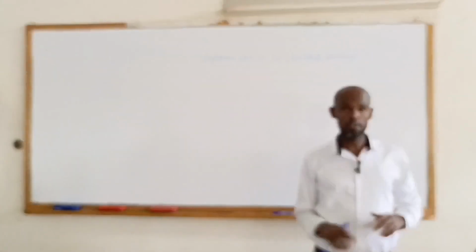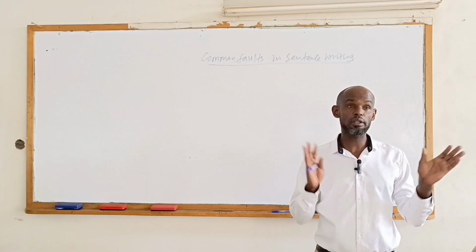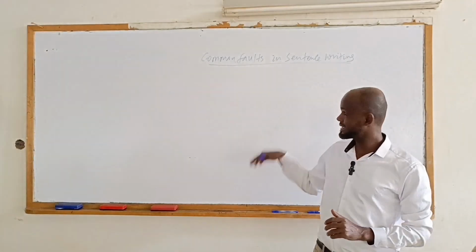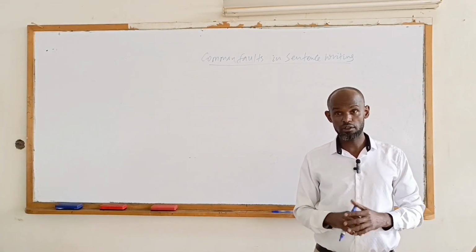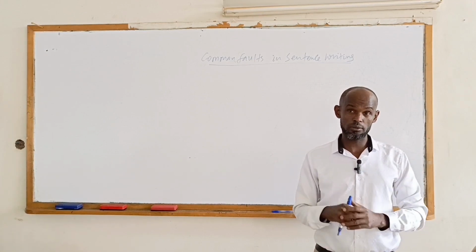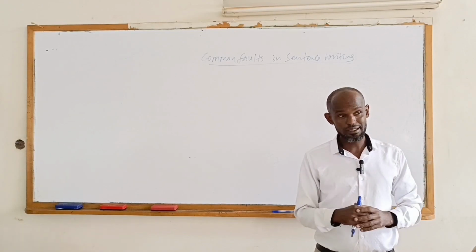The reason why we deal with the common faults in sentence writing is to make our writing free from those errors, because their existence can spoil the communication we make with the reader. So as much as possible, we need to pay attention to the sentences we write.